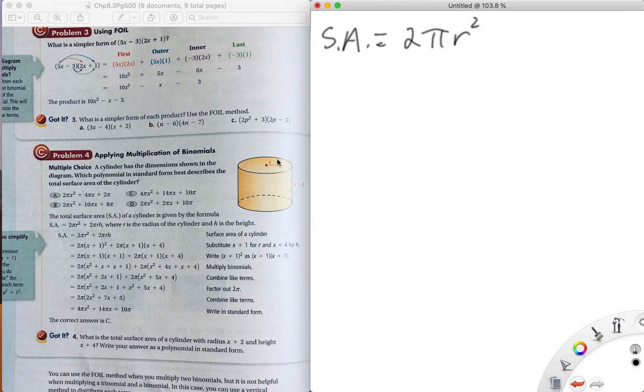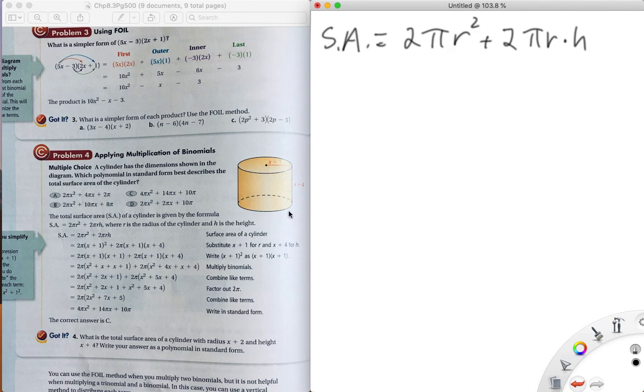That's the area of the first circle and the area of the second circle. So we're adding those two areas together, plus the area of the middle part of the cylinder, which is the circumference of the cylinder times the height. The circumference is 2 pi r of a circle, and that's going to be times the height.